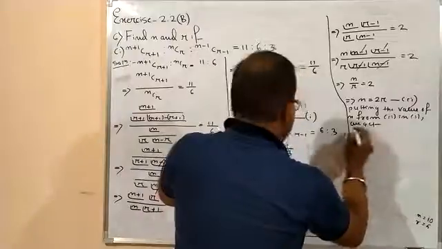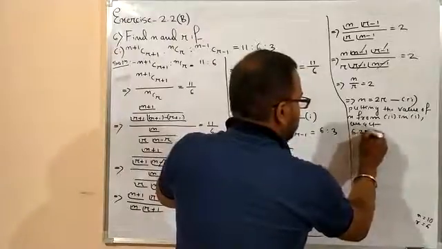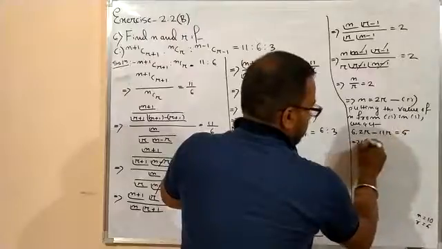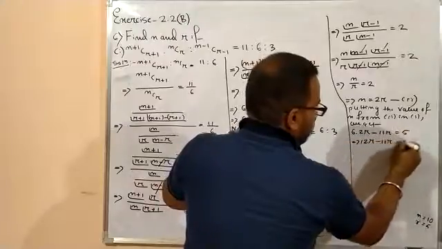So 6 into 2r minus 11r equals to 5. So it will be 12r minus 11r equals to 5.